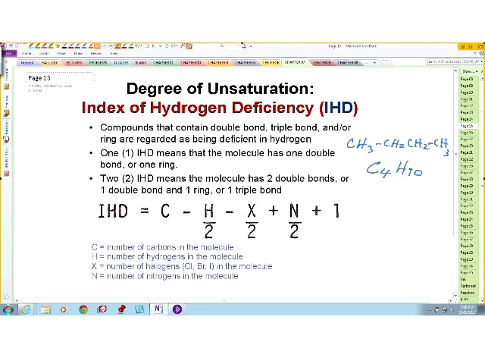We call the alkanes saturated molecules, because all of the bonds in the alkanes are single bonds, and they have the highest ratio of hydrogen to carbon atoms in any given molecule.